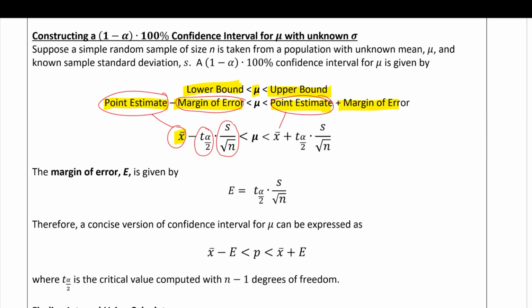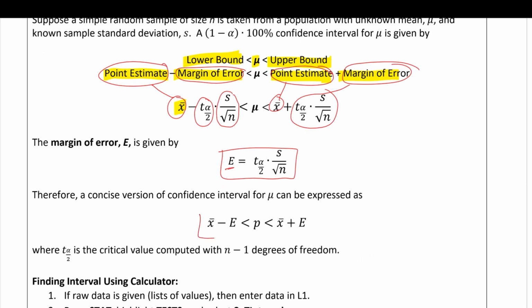So here's the point estimate, margin of error. Okay, again, that margin of error could be denoted with just the letter E, and that's just this portion. And then to have a concise version of this confidence interval, it's x bar minus E and x bar plus E for the lower and the upper bounds.